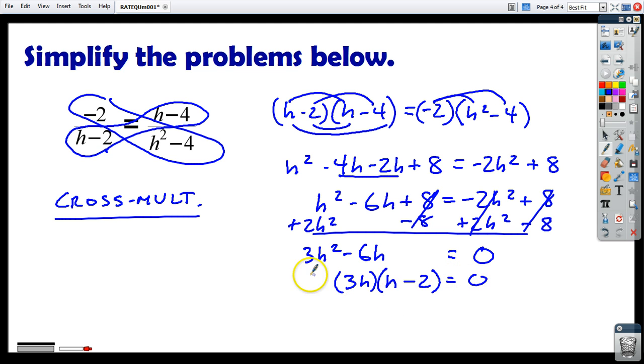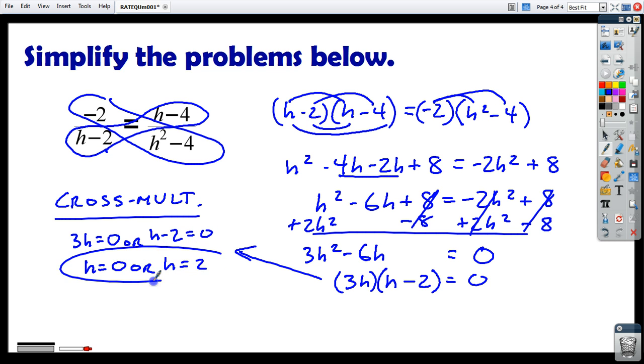And then I say to myself, in order for the whole thing to equal 0, either I'm multiplying and this 3H needs to become a 0, or I multiply these two things together and it's this H minus 2 that needs to be the 0, because it's the only way the whole thing is going to equal 0. So I solve this one. Divide by 3, H equals 0, or add 2, H equals 2.